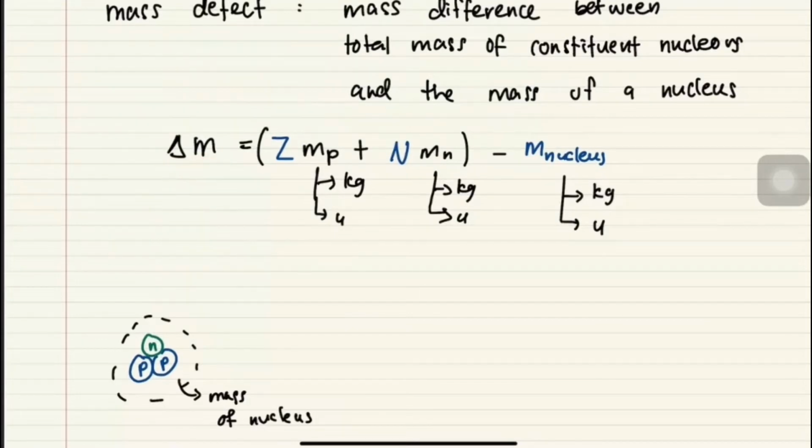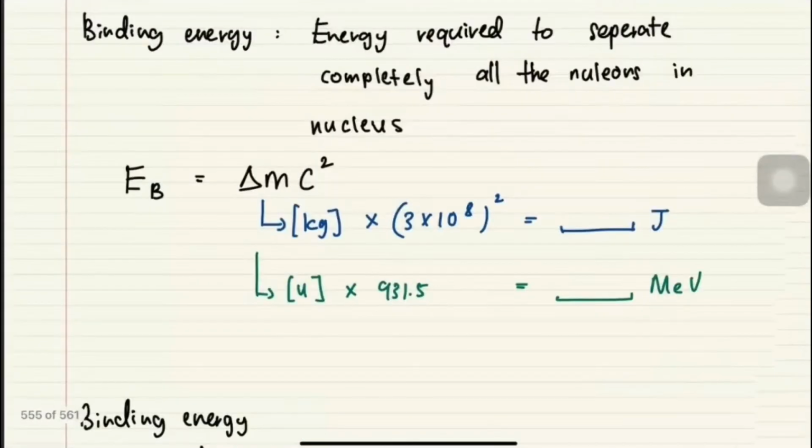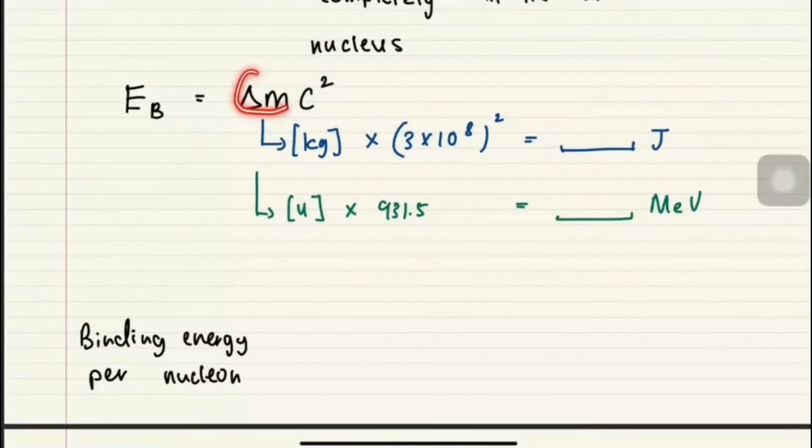Okay. Obviously, if they give you M nucleus ni dalam U, you can convert to kg if you want. Dan biasanya kita biar je dalam U, kita kira data M tu, kita dapat dalam U juga. So, bila dia dapat dalam U, data M ni, you just have to multiply with this number. Dia darab 931.5 terus, straight away. Yang C square tu nanti dia cancel out.